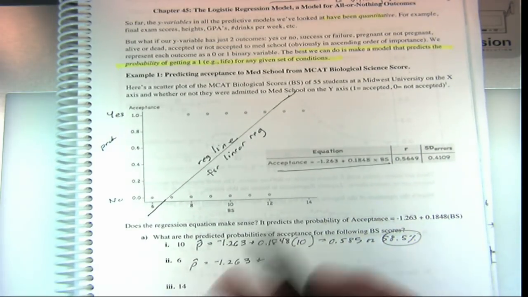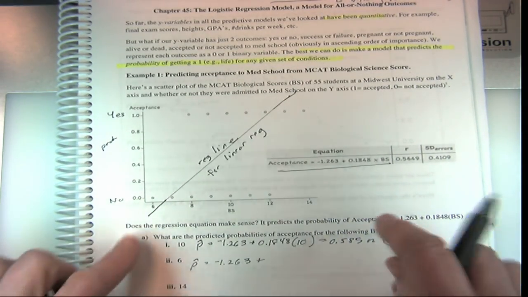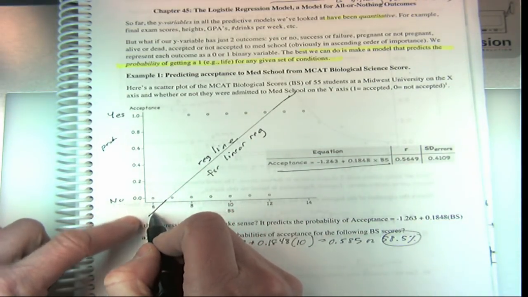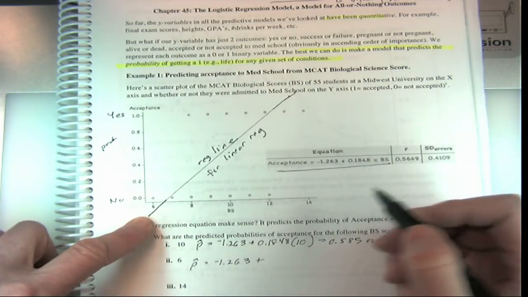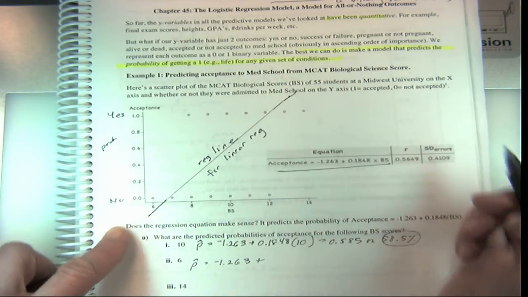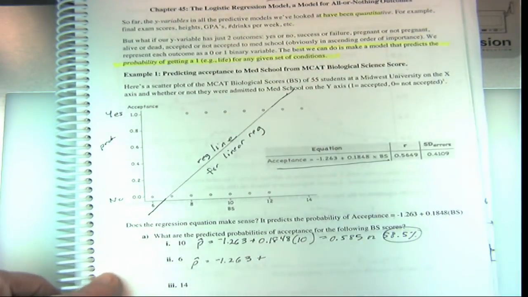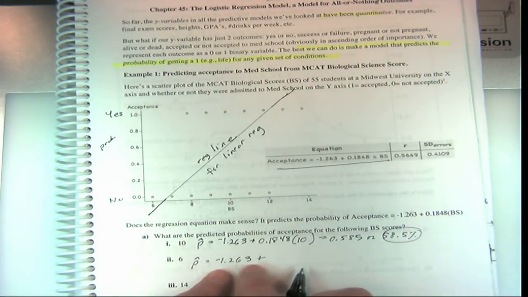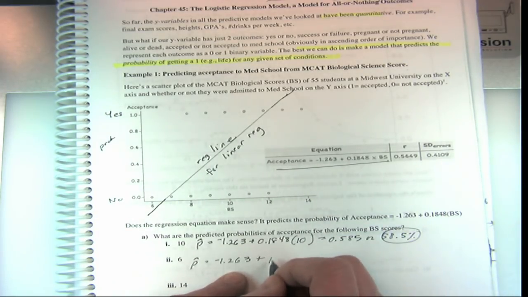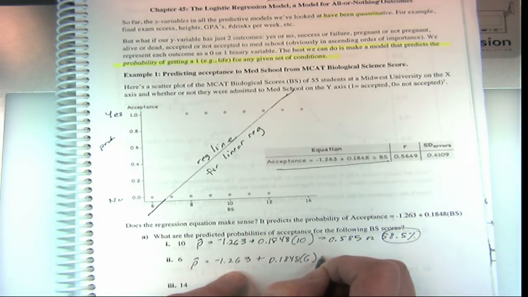But what happens on the ends here, like for 6? We can see the line would give a negative probability. And for 14, we can see it's going to give more than 100%, more than 1. So let's try it for 6: negative 1.263 plus 0.1848 times 6.